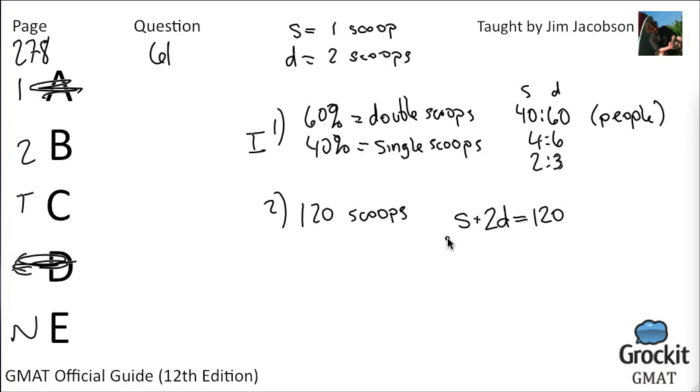But there's multiple values for the single and the double scoops that come up with the same total of 120. So because we can't narrow it down to a single value for the single or the double, this information also is insufficient. We can cross off answer choice B.